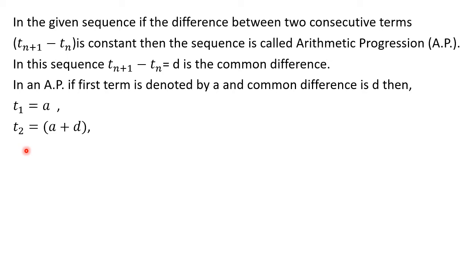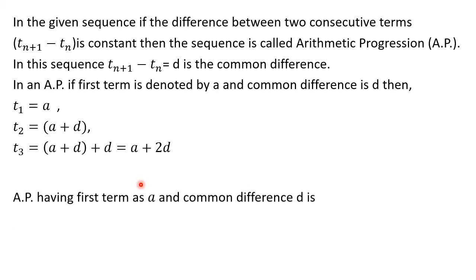Then T3 is A plus D plus D. That means A plus 2D. If you try to find out T4 now, then you will get T4 as A plus 3D. So T1 is A, T2 is A plus D, T3 is A plus 2D, T4 is A plus 3D and so on. In this way you are going to get the terms.